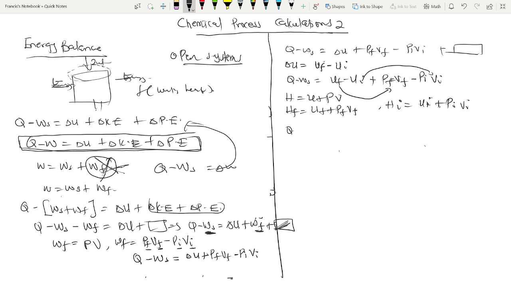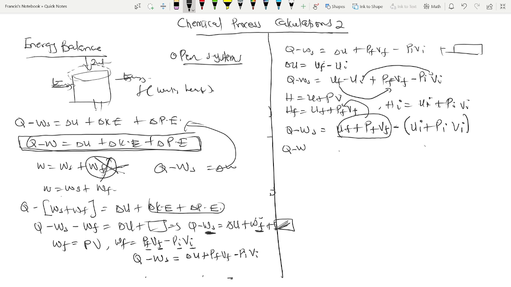Now let's write it well. UF plus PFVF, now this is minus, so we can bring a negative here and then open bracket UI plus PIVI. So now our UF plus PFVF is actually HF, right?